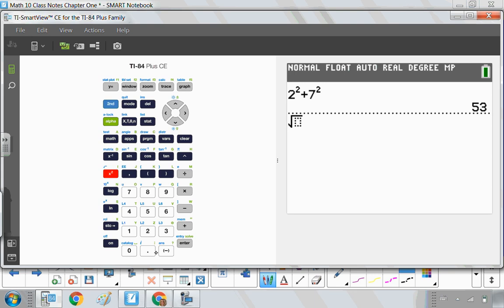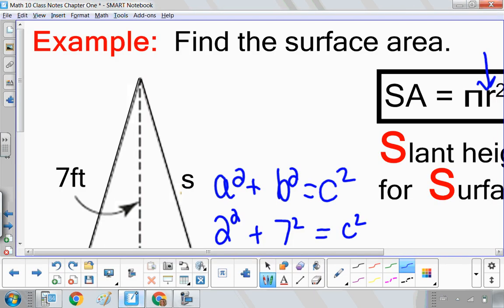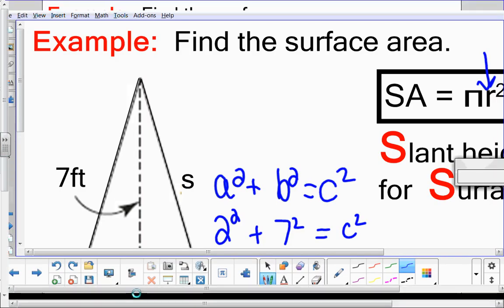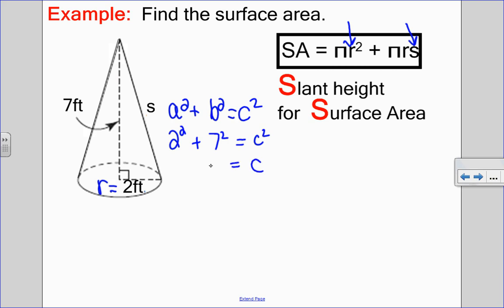The answer is right above your negative key, so second negative, and we are square rooting it. Equals, there we go, 7 point, we'll call it 3. So now I know that my height is 7.3. So c is equal to 7.3. That's my slant height.